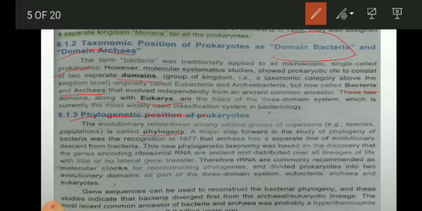So a major step for this study in 1977 was that archaea have a separate line of evolutionary descent from bacteria.